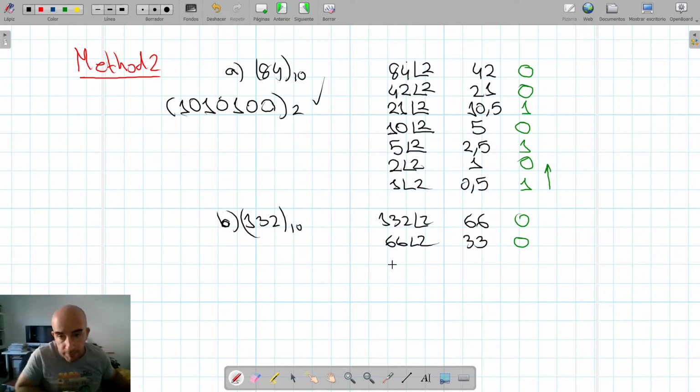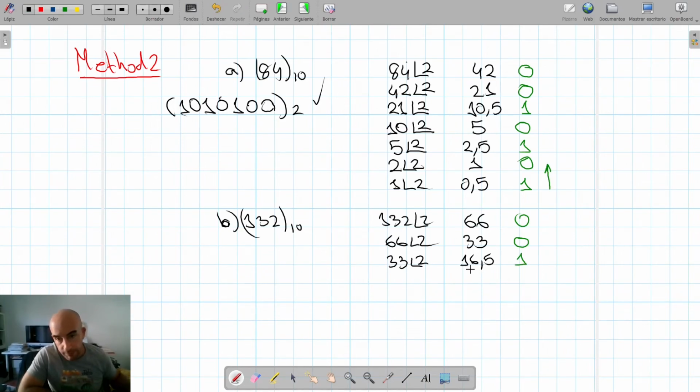And then 33 is an odd number, so that's going to be 16.5, and that's a 1. Then we get just the whole part, so 16, not the fraction.